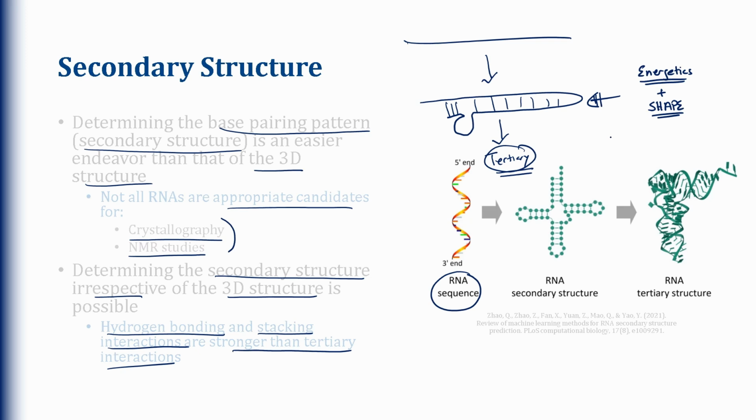For example, in loops and single-stranded regions, you tend to have flexible nucleotides, and we can use the SHAPE reactivities to supplement the energetics so that we can deduce the overall secondary RNA structure with up to 95% or greater accuracy.